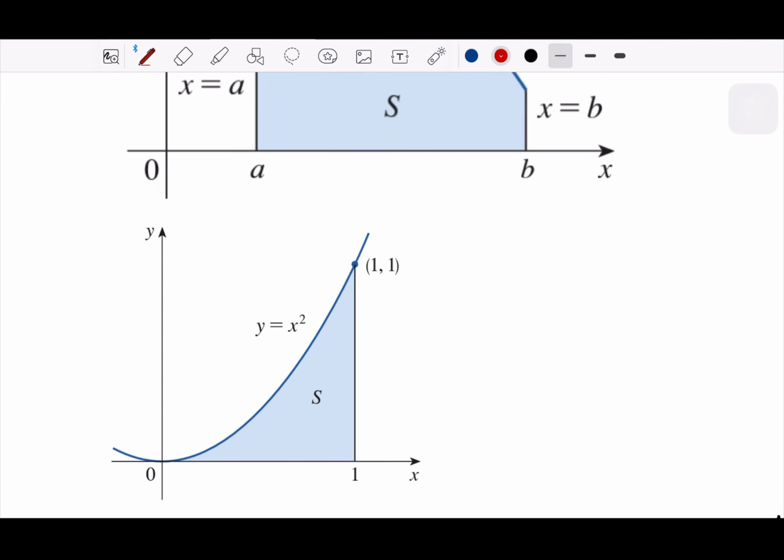So let's say we define it with that, and it has several pieces. And the next part is we could take this curve and make it into rectangles.